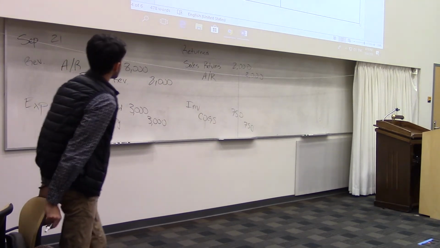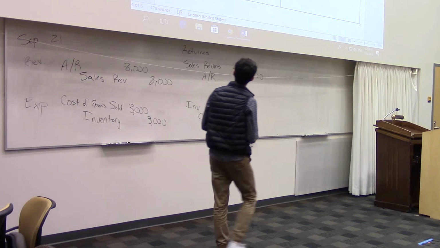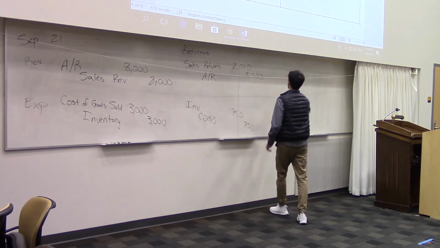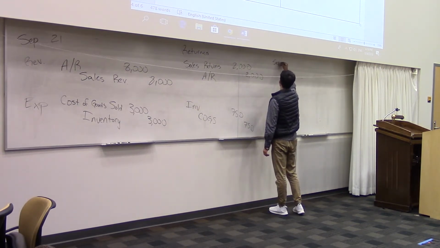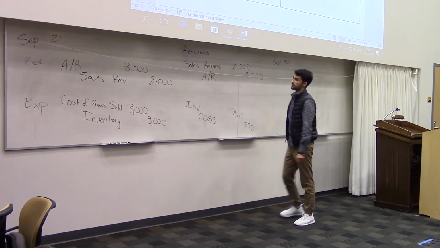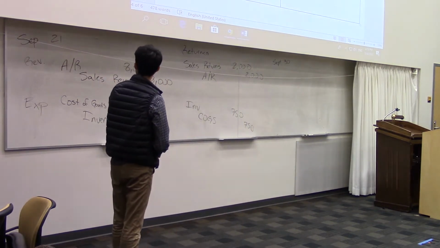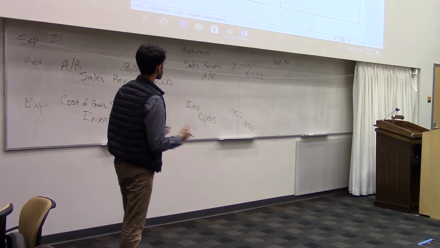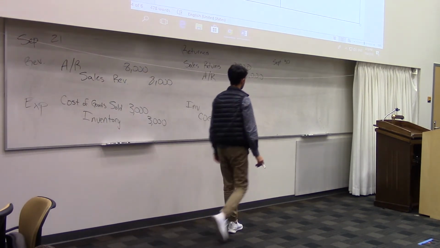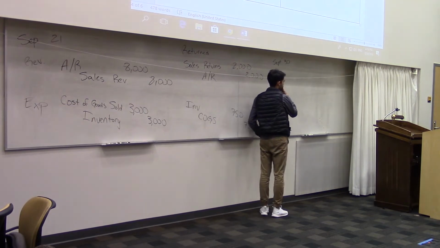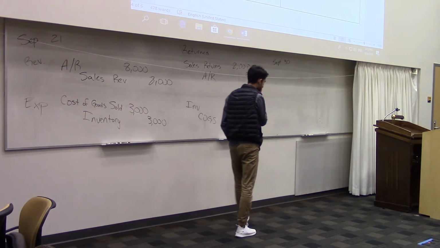Okay, September 30th, we received the payment. Did they get the discount? Yeah, they did, because they purchased it on the 21st. So it's been less than 15 days, they get the discount. How much cash am I receiving?